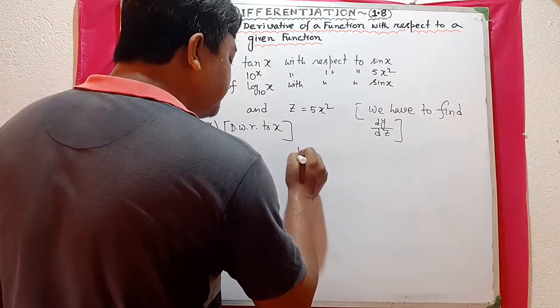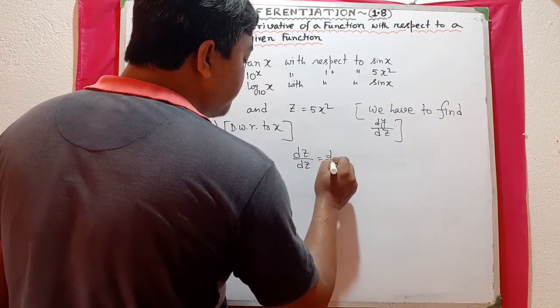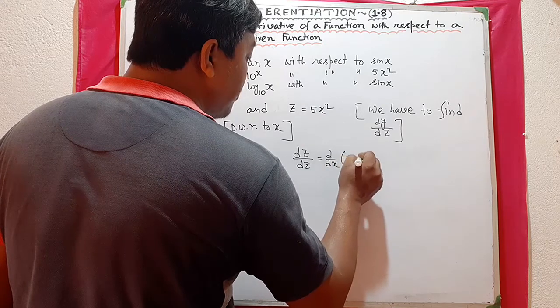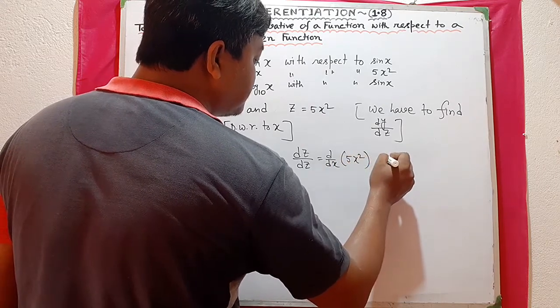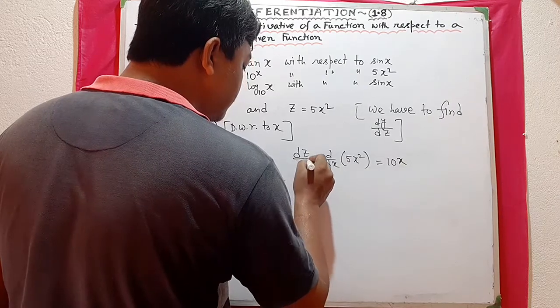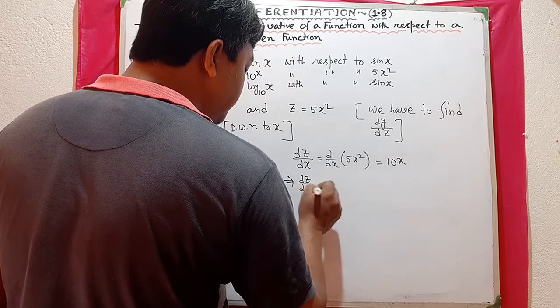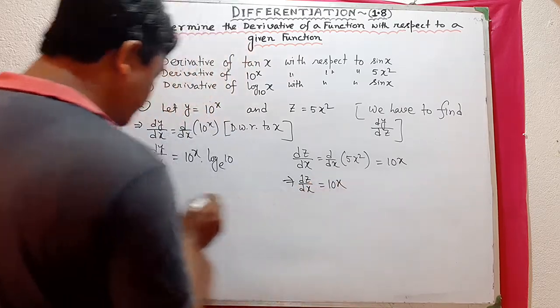And dz/dx equals d/dx of 5x square. So that gives 10x. So this implies dz/dx equals 10x.